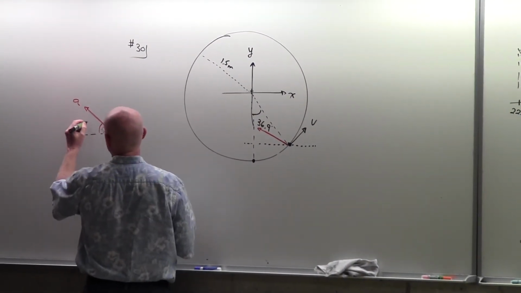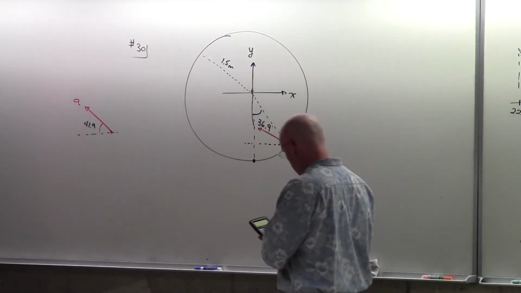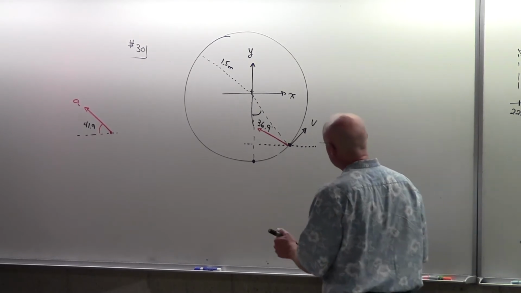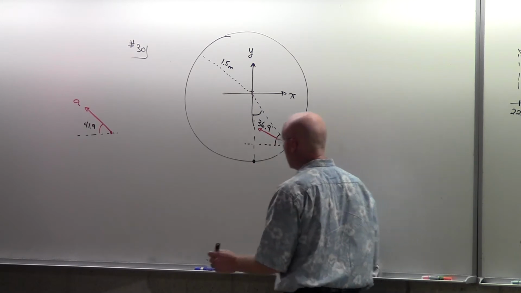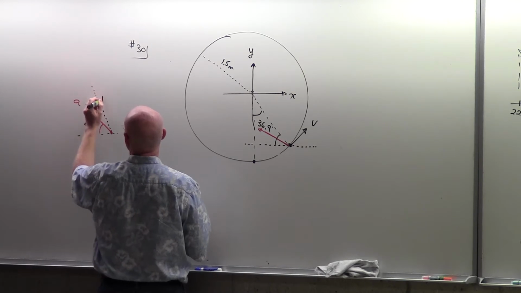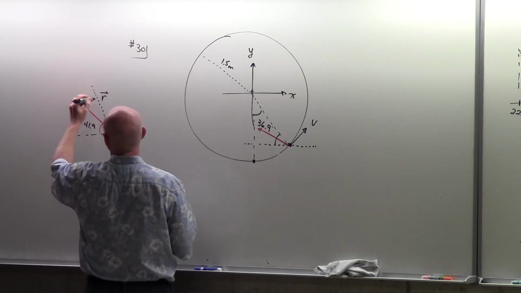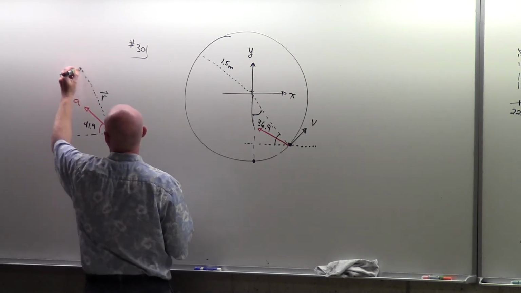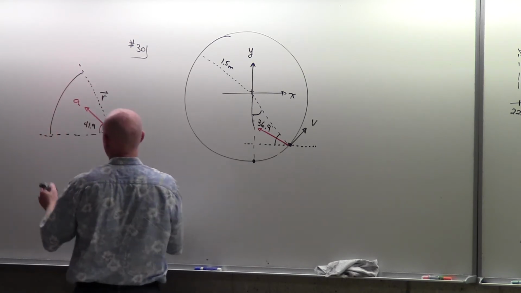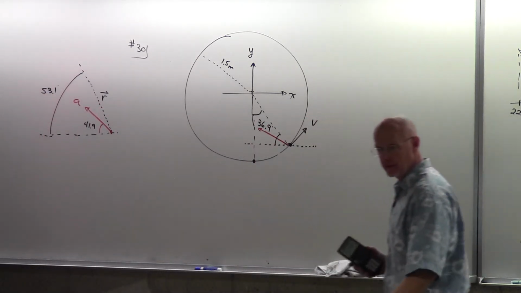So this angle here is 41.9 degrees. But the 36.9 taken away from 90 degrees, the complement here, so let me go dot, dot, dot. That's the radial vector. That's towards the center of the circle. That big angle right there is 53.1 degrees. Fair enough?